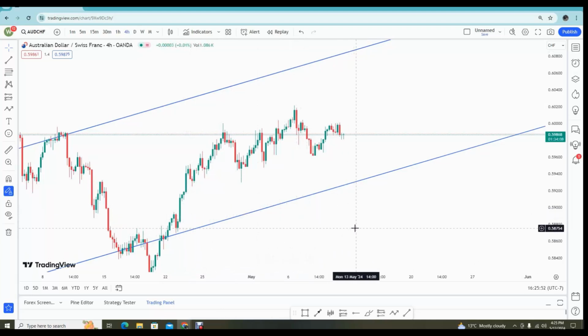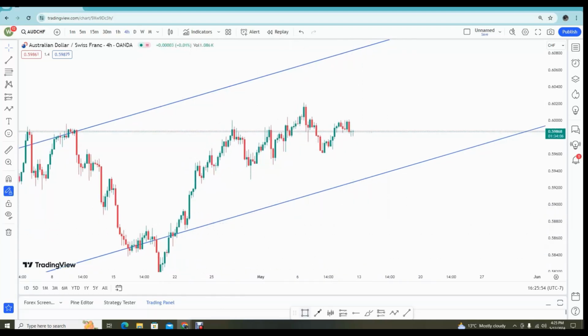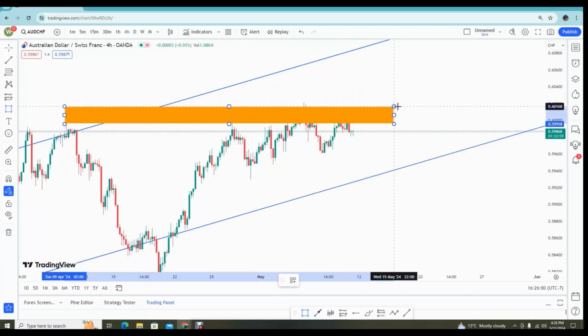So right now we have a zone around this point here. You can see that we have a zone around this area right here.